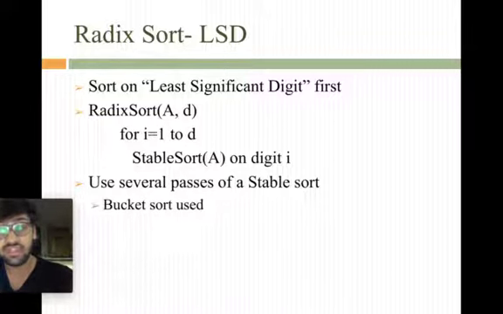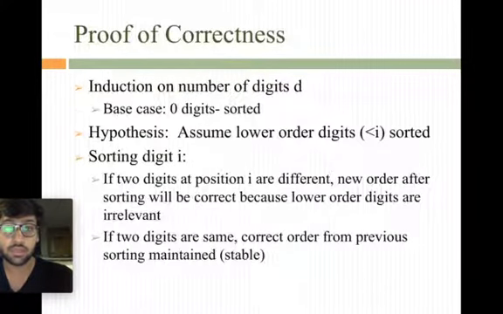In every case we are using a stable sort algorithm, and in most cases the bucket sort or the counting sort algorithm is used. After each sort we get an array that is slightly more sorted, but it is only at the end of all the passes that we get the final sorted array.